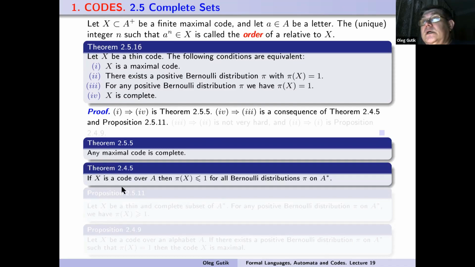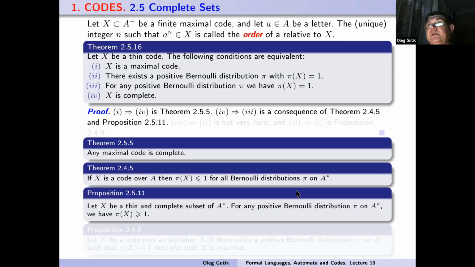Theorem 2.4.5 states the following: if X is a code over an alphabet A, then pi of X is less than or equal to 1 for any Bernoulli distribution pi on the free monoid A star. And Proposition 2.5.11 states that, let X be a thin and complete subset of the free monoid A star, then for any positive Bernoulli distribution pi on the free monoid A star, we have that pi of X is greater than or equal to 1.